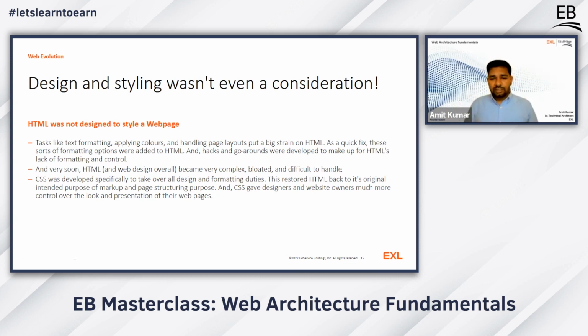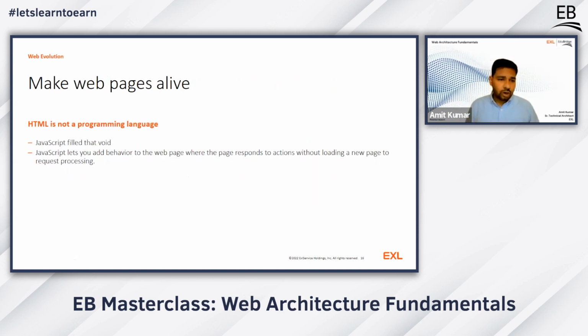So they dropped this idea and reinstated it to its previous state, and they created JavaScript and CSS for dedicated tasks. So in the next slide, we will talk about JavaScript.